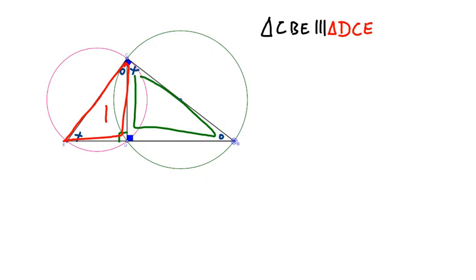Then the last one, the green one. So this must be similar to... what is it similar to? Well, we're going to go for the green triangle. In each case, we've started with a right angle. So I've got to start with the right angle in the green triangle, and that turns out to be angle D. Then, if I look at this previous one here, there's a C, right?